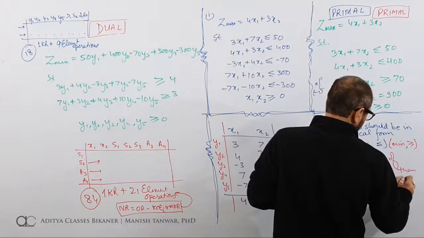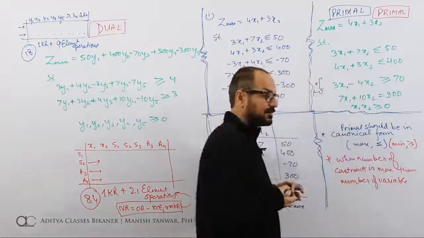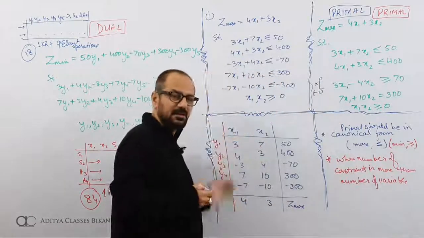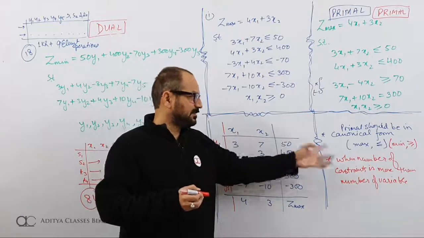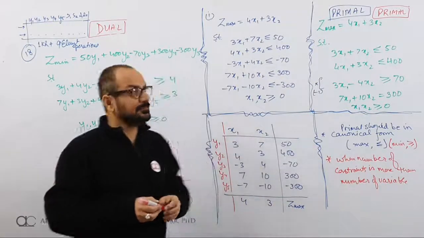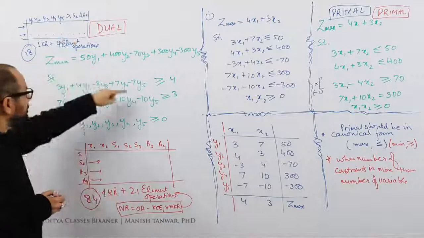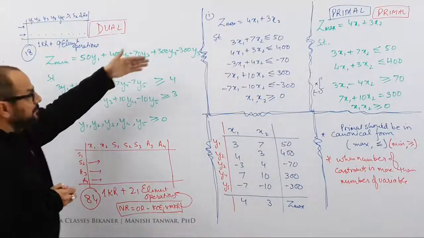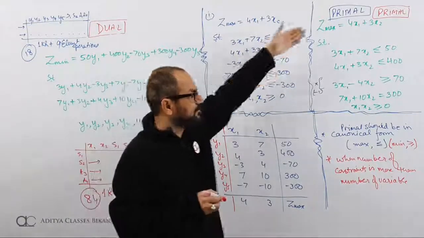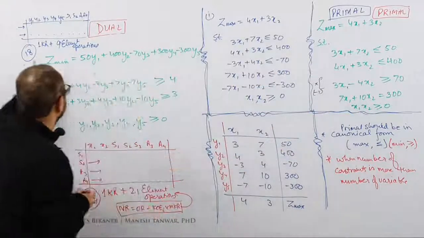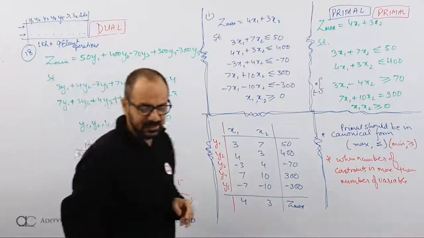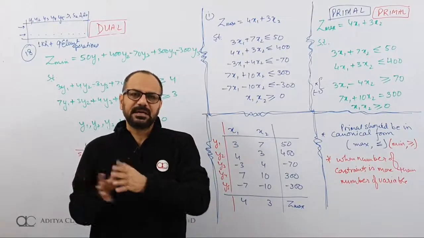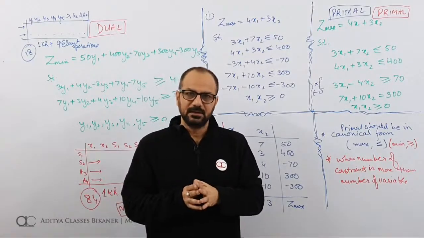Whenever you see that your number of constraints are more than number of variables, I have 5 constraints and 2 variables, then it is always suggested that you should go for a dual, because in dual your formulation would be so small. Instead of 5 constraints, I am down to 2 constraints. So this was it on conversion of a primal into dual.